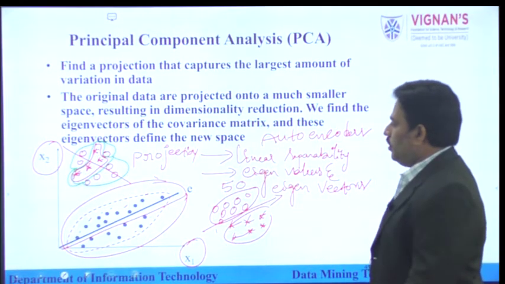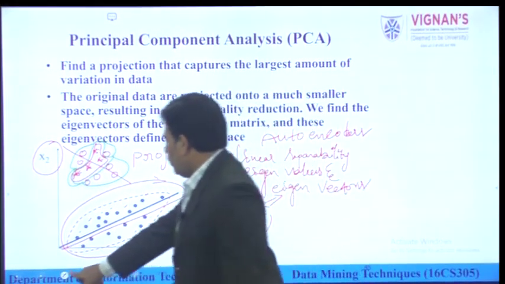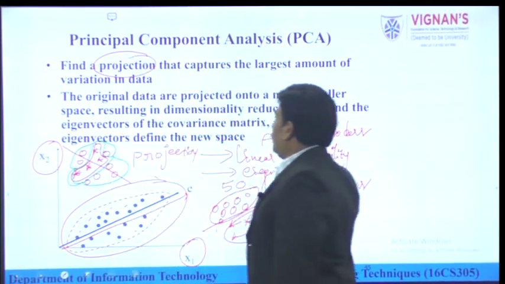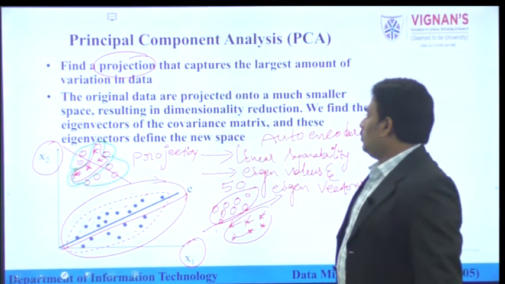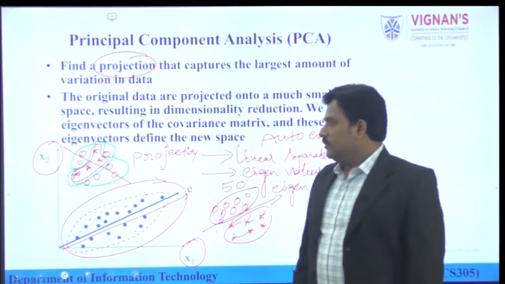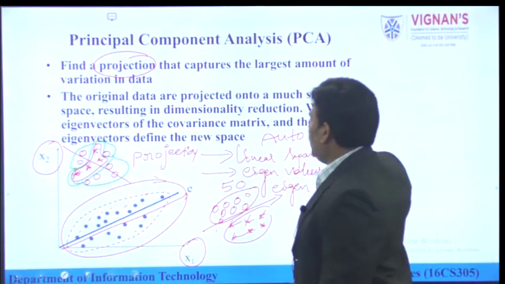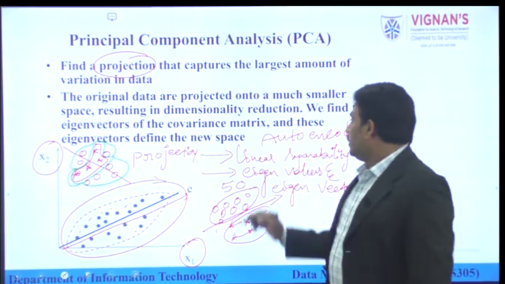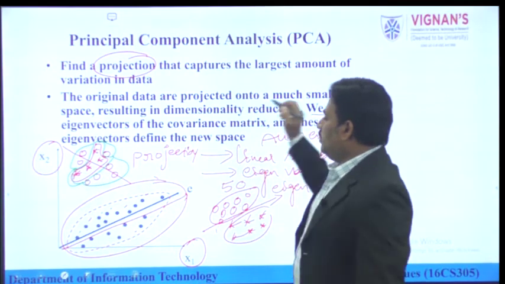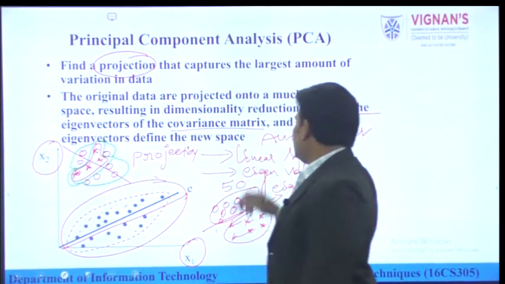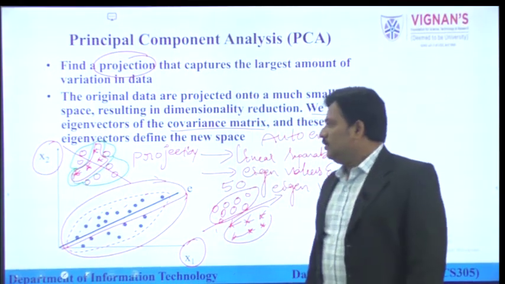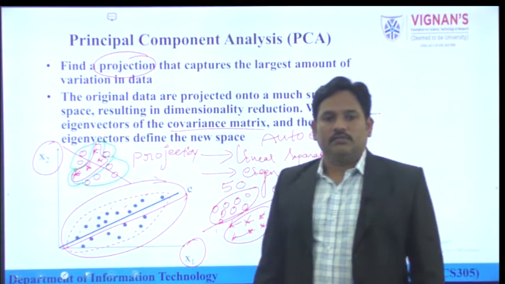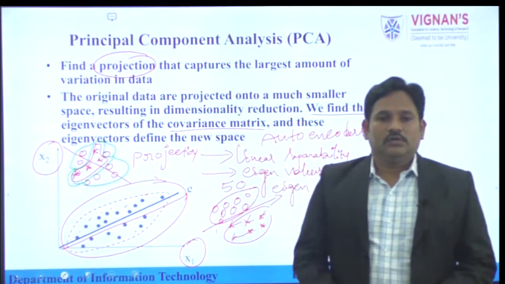Now what is happening in principal component analysis? Here we are applying projections. We want to find a projection that captures the largest amount of variation in the data. Second, the original data is projected onto a much smaller space, resulting in dimensionality reduction. We find the eigenvectors of the covariance matrix, and these eigenvectors define the new space. Mathematically, we are trying to compute the eigenvectors and eigenvalues.